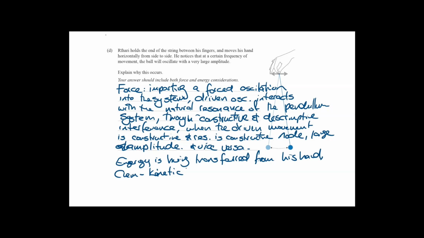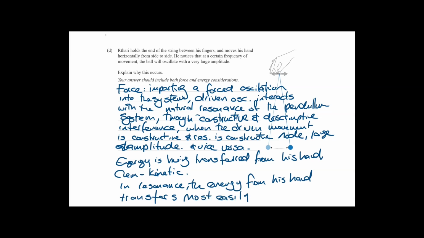Okay. So in resonance, the energy from his hand transfers most easily. So he hasn't changed the resonance of the system. He's just trying to impart forced oscillations, and that will interact with how the pendulum wants to go.